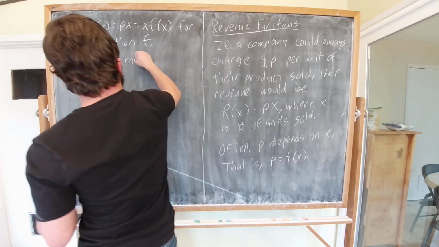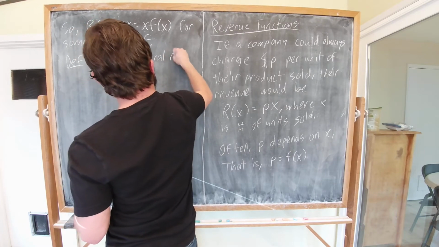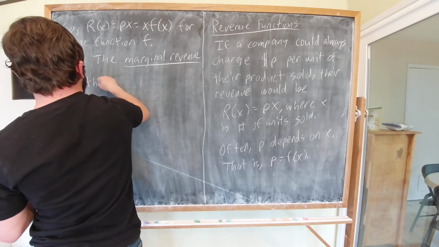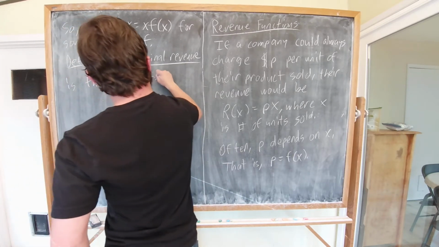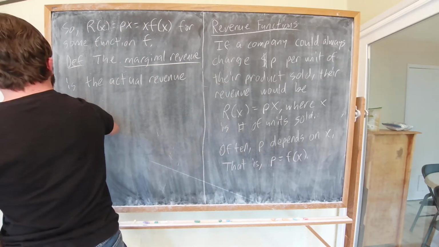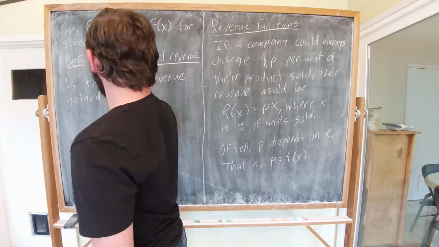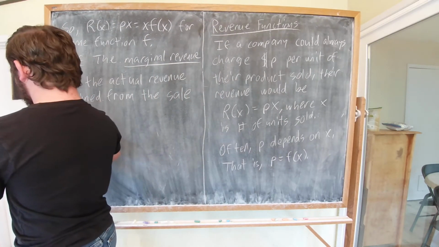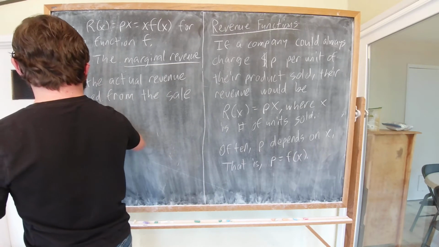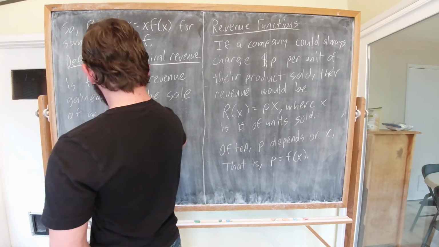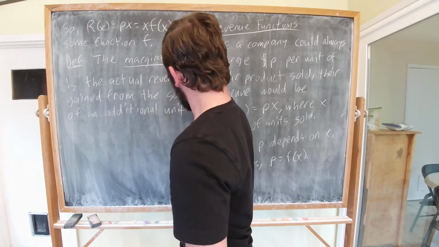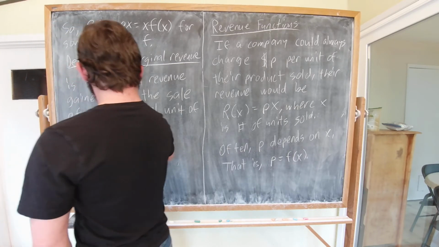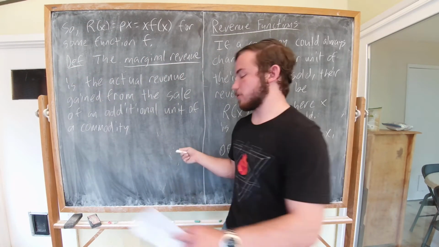The marginal revenue is the actual revenue gained from the sale of an additional unit of a commodity, given that sales are already at a certain level.